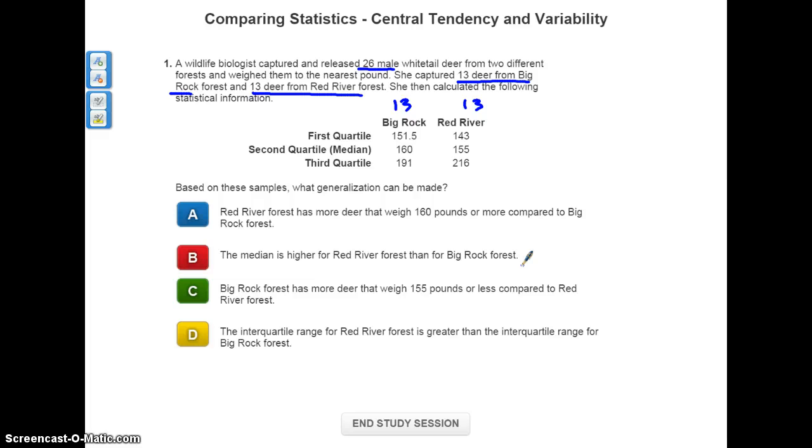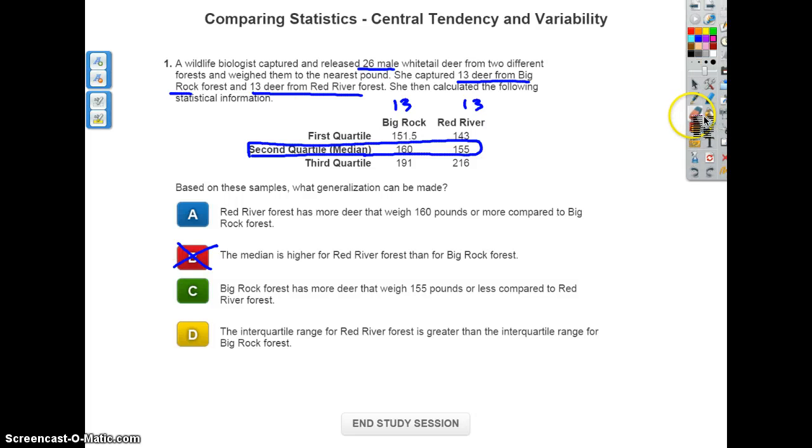What that's saying is the median, which is the second quartile, so do not focus on first quartile or third quartile. It's saying the median for Red River, 155, is higher than Big Rock's median of 160. Well, obviously, no. Incorrect. So right away, we've eliminated a choice, and now we've increased our odds of having a good shot at getting this correct.